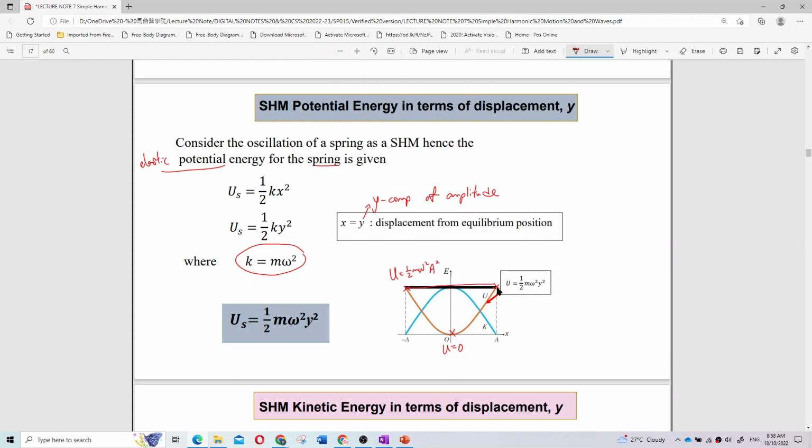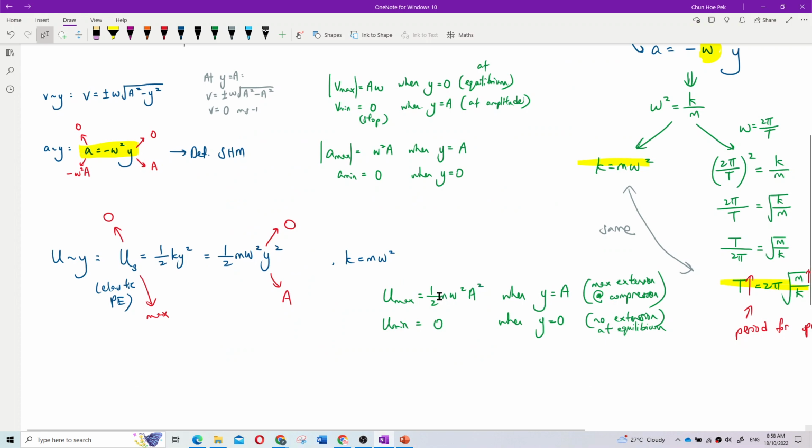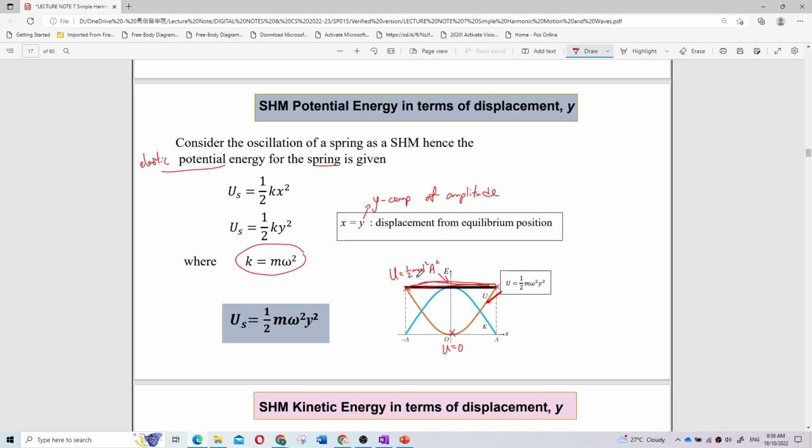Actually, this line is that value, half m omega squared a squared. Just now we got that when the displacement is amplitude, half m omega squared a squared is the whole value.